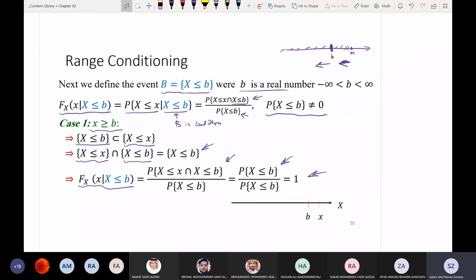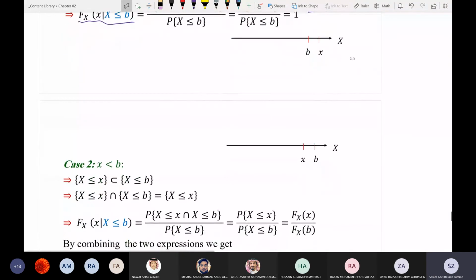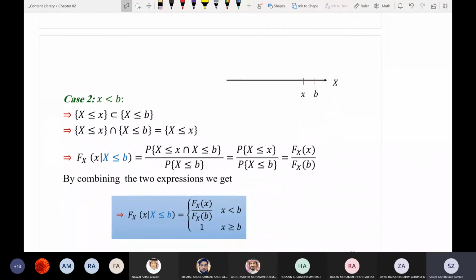Clear. Clear? Now, the other case is the opposite, when x is less than b.